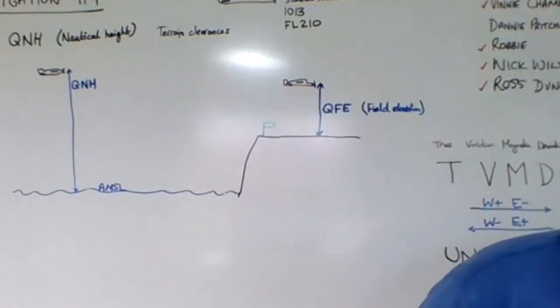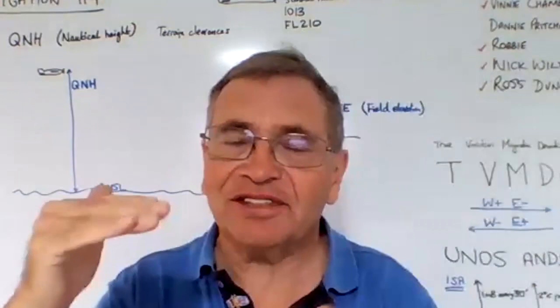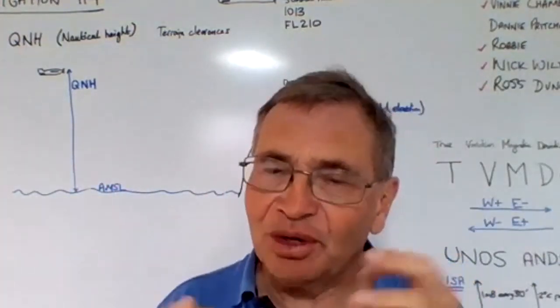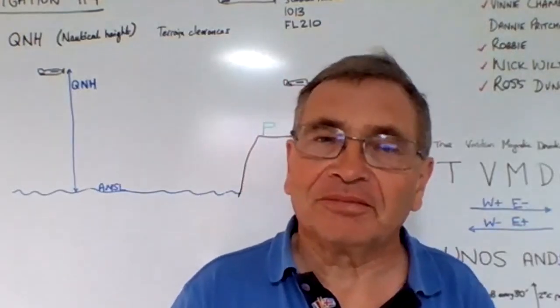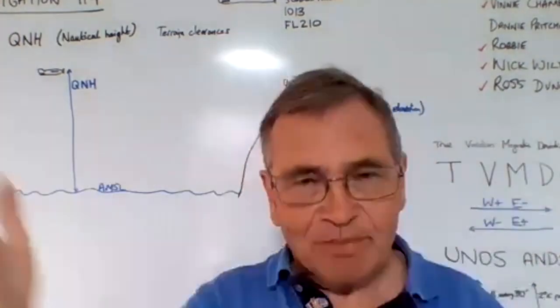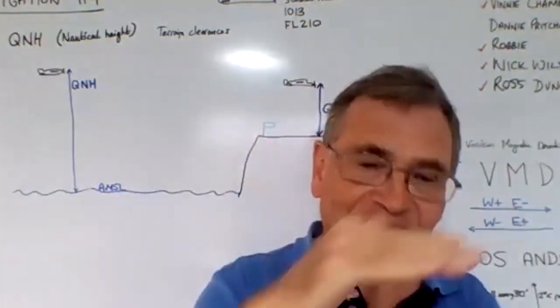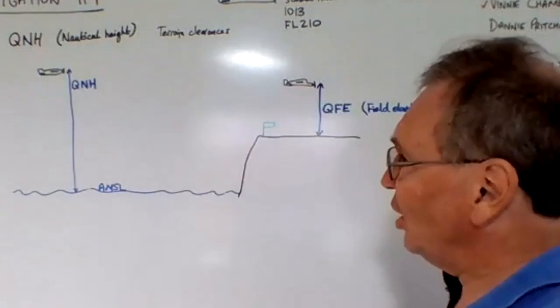Nick is absolutely correct, because how far apart those planes are is purely a function of how different the QNH is to 1013. Now, if of course the QNH just happened to miraculously be 1013, those two planes would be 500 feet apart. But it might not be.